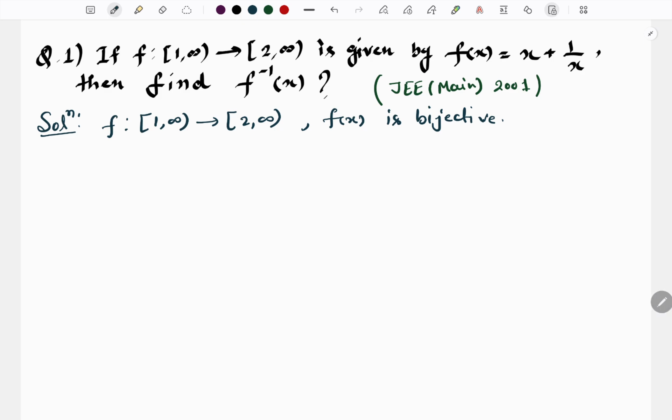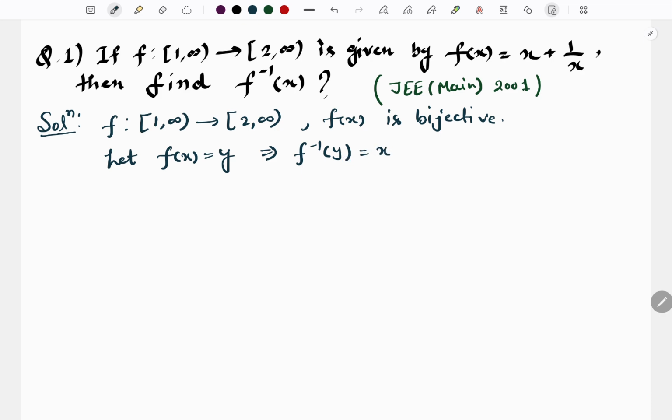Okay, so let this be f(x), put f(x) = y. If the function's inverse exists, then clearly f inverse of y should be equal to x.